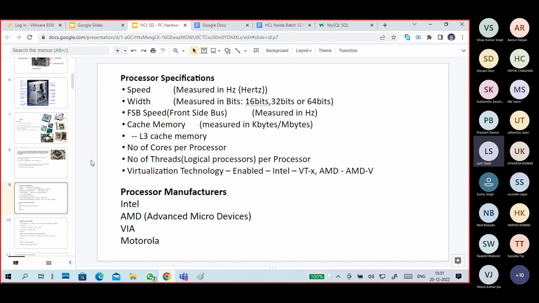Different companies manufacture different processors for their hardware. Generally, for laptops and desktops we use Intel-based or AMD-based processors. Guys, understand what things we have to check in a processor and how to check.